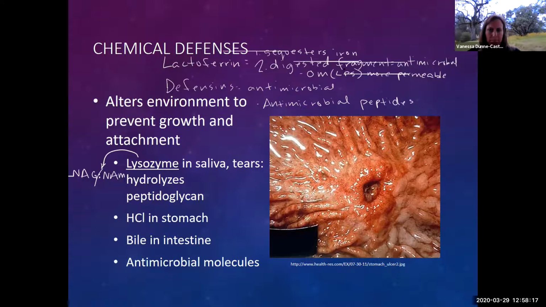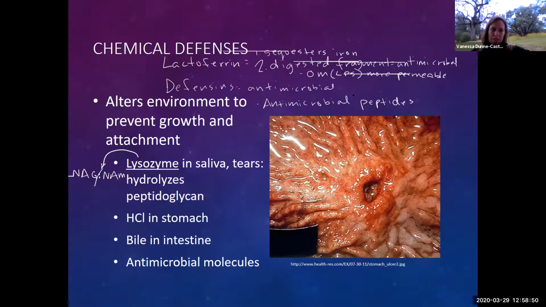And again, just as I mentioned that these digested fragments of lactoferrin can be antimicrobial, there are actually quite a few examples of this that are found in bovine or human milk, that are also found in the small intestine, where many of our proteins during the natural process of digestion form these small peptides that have antimicrobial properties, and most of them are great at binding to that lipopolysaccharide and perforating it, or making it more sensitive to disruption.